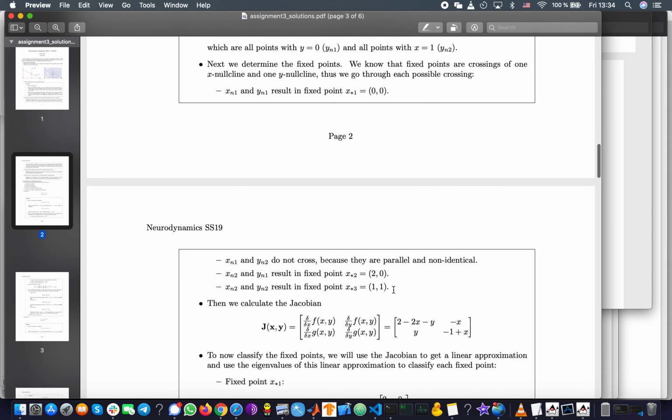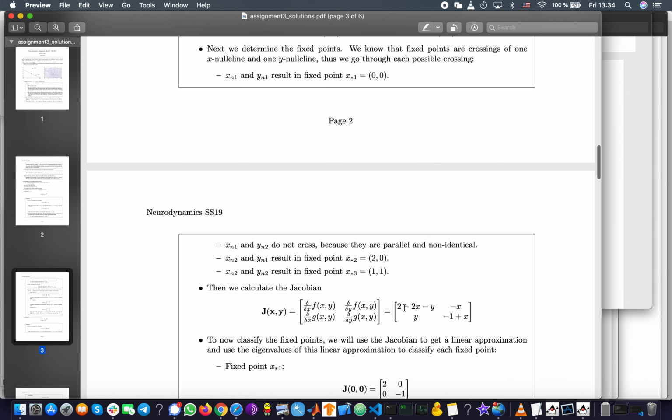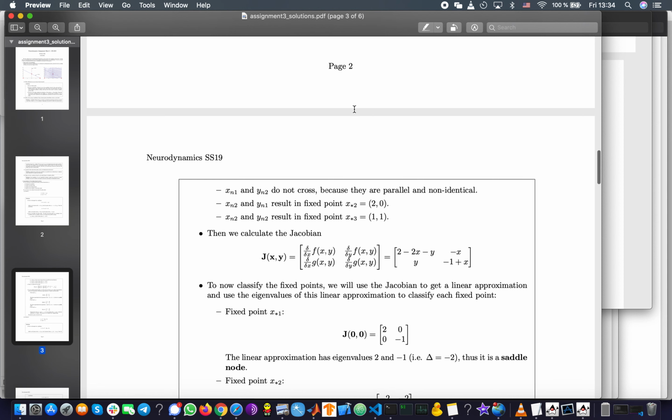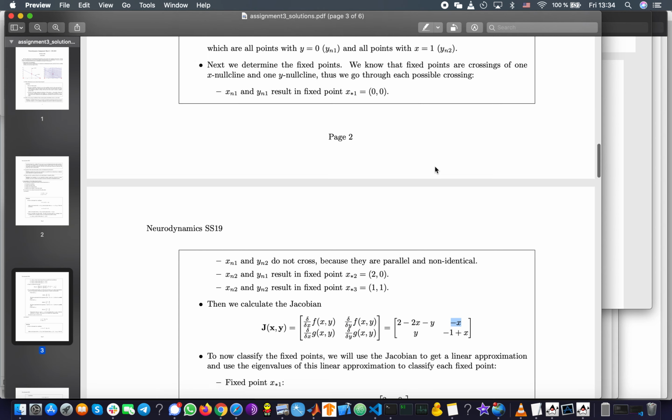Therefore, the first derivative with respect to x is 2 minus 2x minus y, right? Which is this. You just take the first derivative with respect to x.